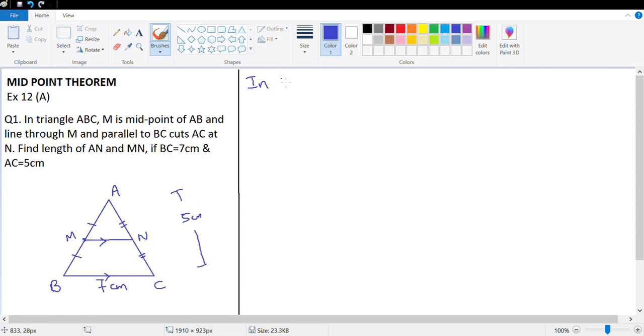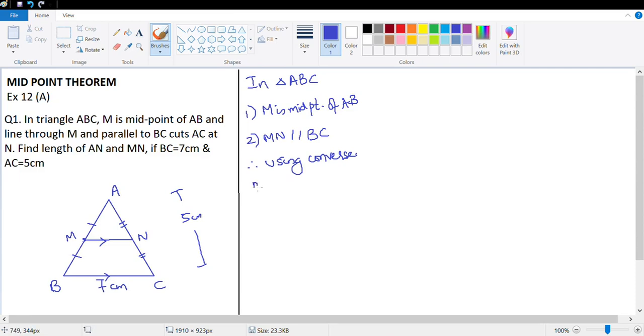In triangle ABC, number 1, M is midpoint of AB. Number 2, MN is parallel to BC. Therefore, using converse of midpoint theorem. Why converse? In midpoint theorem, two midpoints are given. In converse, one midpoint and one parallel side is given.